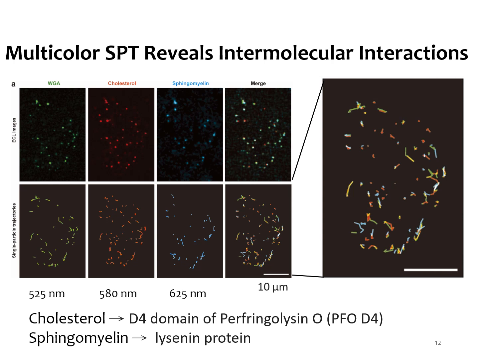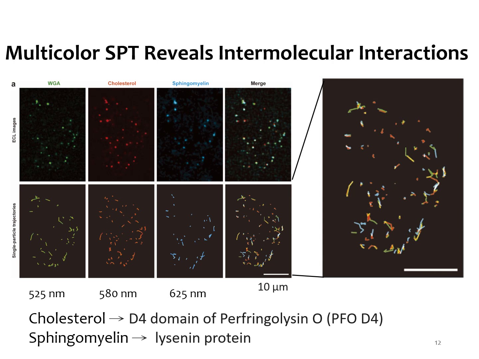In this study, PFO-D4, which binds with cholesterol, and lysenin protein, which binds with sphingomyelin, are used to mark these two lipids. These markers were linked to quantum dots with different glowing colors to watch how they move on the cell membrane.